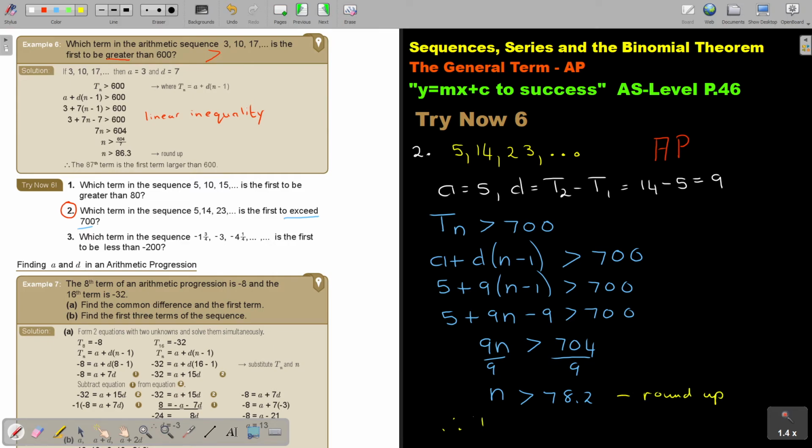So I round up, 79th term is the first term larger than 700. Okay, and that's how you do it.